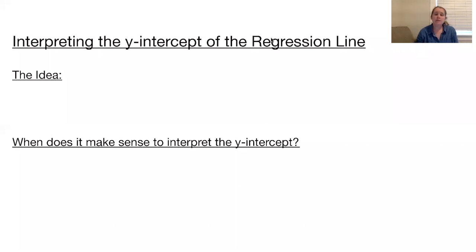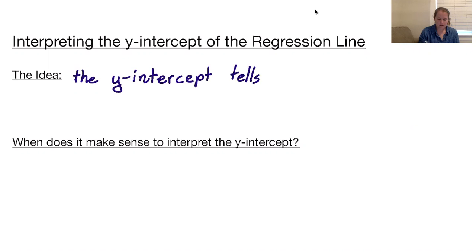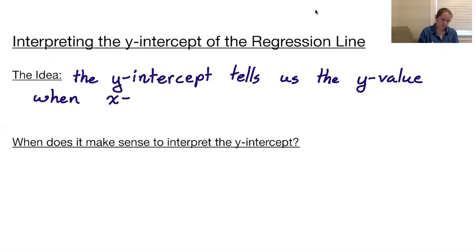Next up, we have interpreting the y-intercept of the regression line. So the idea here is, as I spoke about in the review of slope-intercept form, the y-intercept tells us the y value when x equals 0.